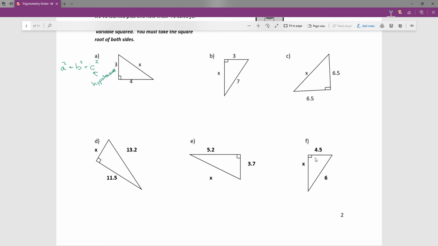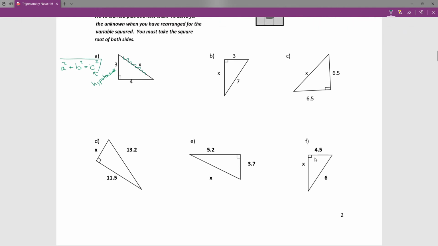So here, if we were to identify the hypotenuse in A, it's that side x. And so fitting it into this formula, I would have that a squared, which I'll call 3 squared, plus the other leg squared should equal x squared. So if I keep going on this, I could use my calculator, or I could show my work on some of these.